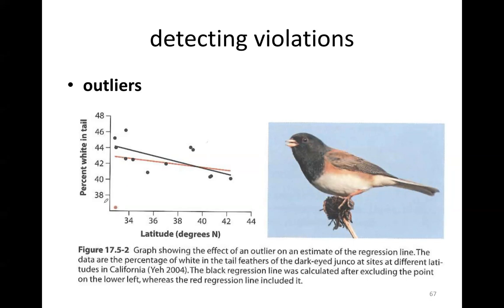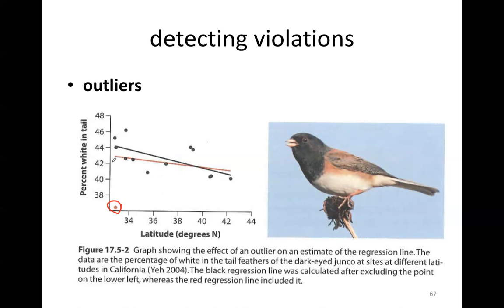So if you include this point in the regression, you get a relatively flat line, and it becomes much less significant. Whereas if this point was not included, then the regression becomes much smoother.